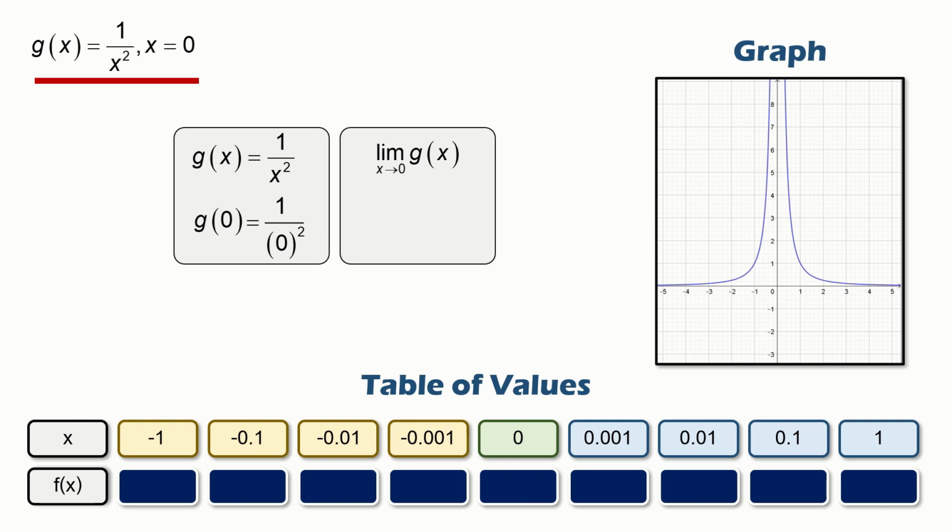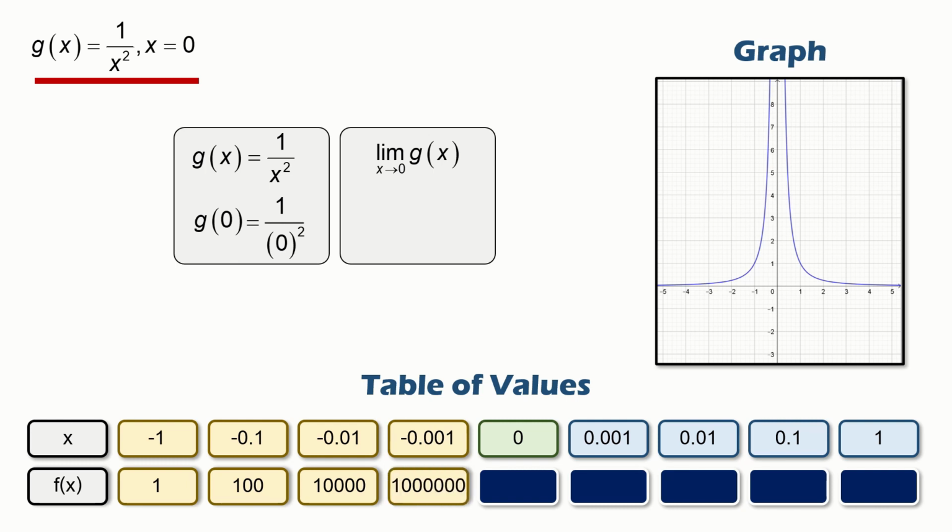When x is negative 1, the function is 1. When x is negative 0.1, the function is 100. When x is negative 0.01, the function is 10,000. When x is negative 0.001, the function is 1 million.